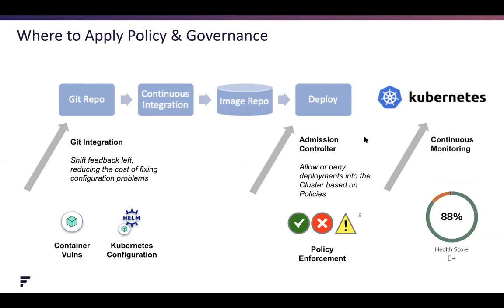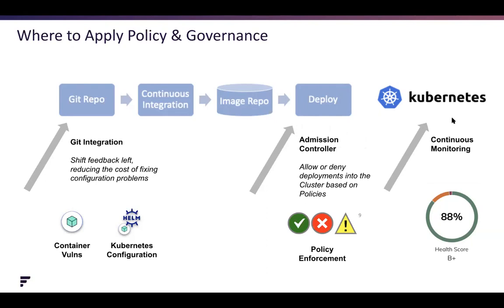But there are times where you want to make sure that certain types of configurations are being enforced, and this is really again to help drive whether it's a security requirement or enabling reliability and efficiency. And so we help our clients define these policies and implement these policies so that they can put guardrails around the time of deployment.